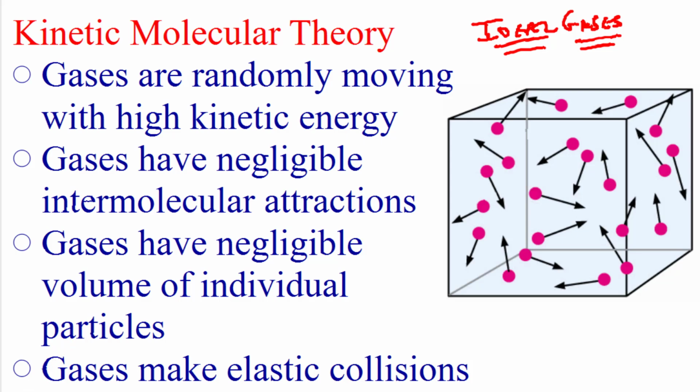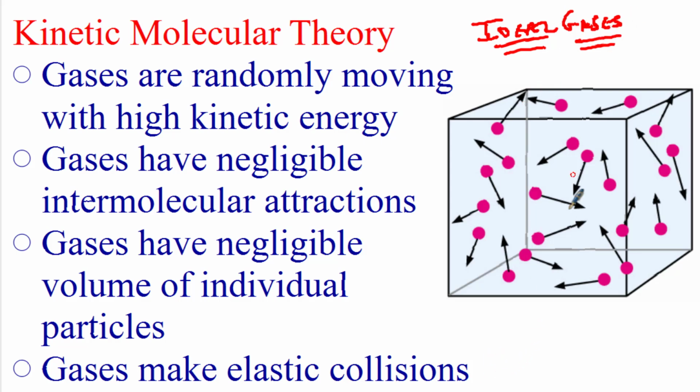We assume that gases have negligible intermolecular attractions, which means these gas particles do not attract each other. That gases have negligible volume. We've talked about that before, that the volume is the volume of the container, not the volume of each individual particle, and that gases are making elastic collisions, which means they do not lose energy when they collide.